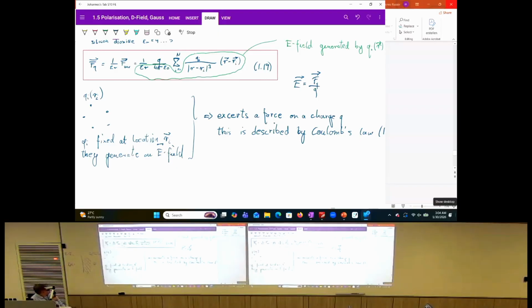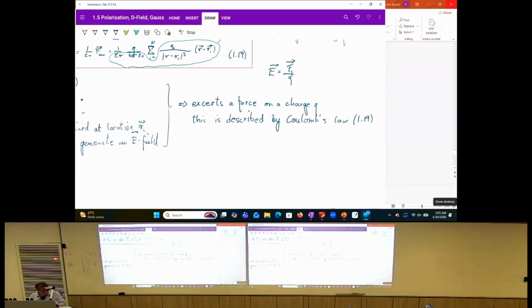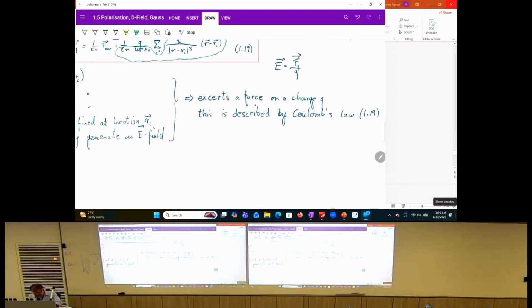There is a second kind of field which we can define, you could call it a sister field, a closely related field. It always goes along with the E field. That is the so-called electric displacement field. They go hand in hand, but they are slightly different.